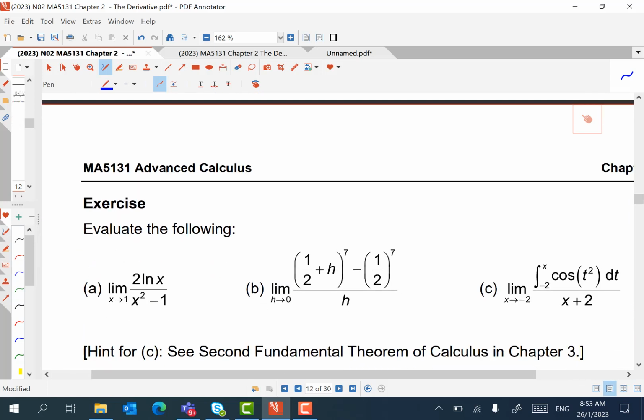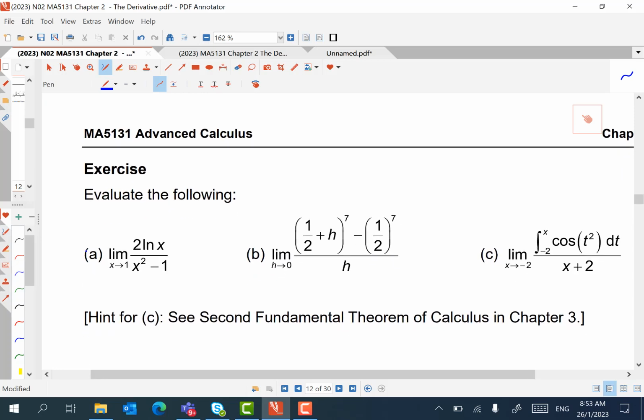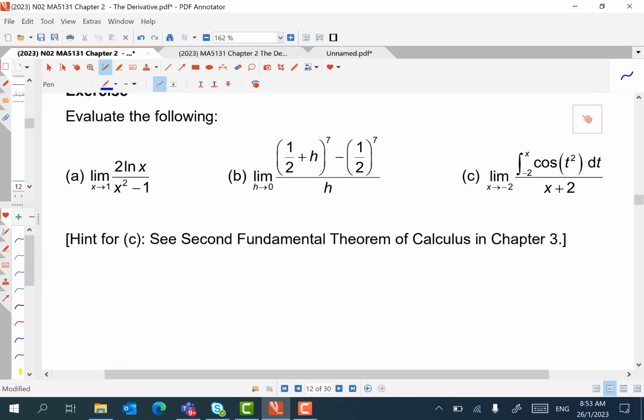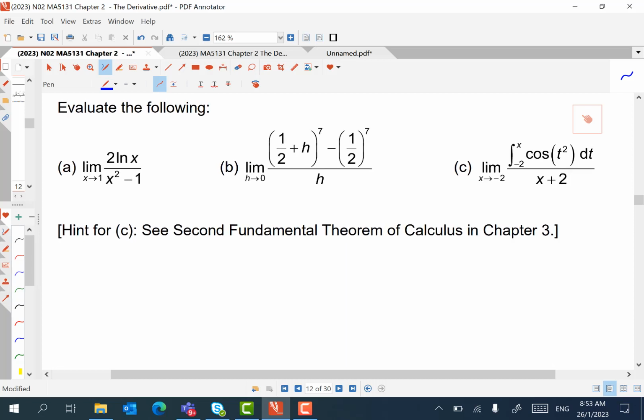Okay. Now we want to actually evaluate the following limits. Okay, part A. Yes, Chen Hui, you got something to say?